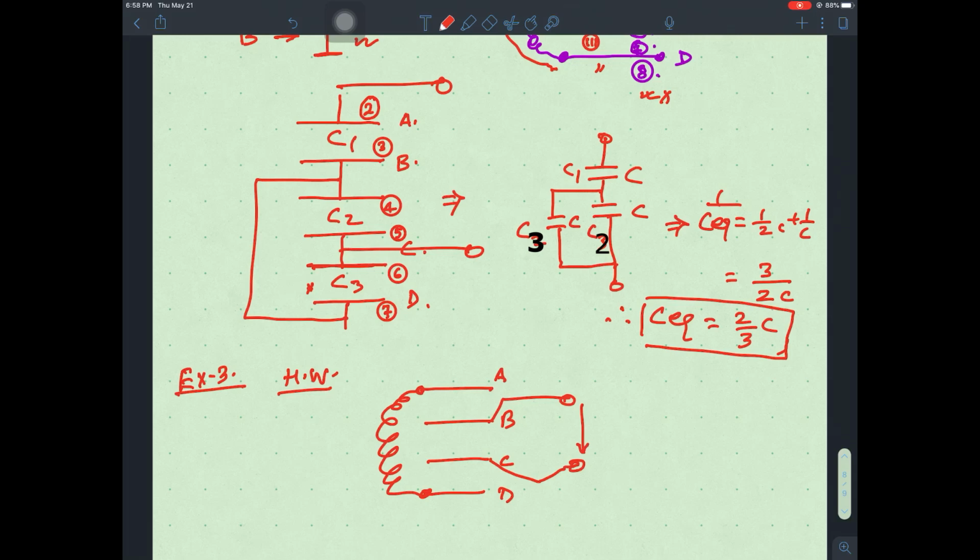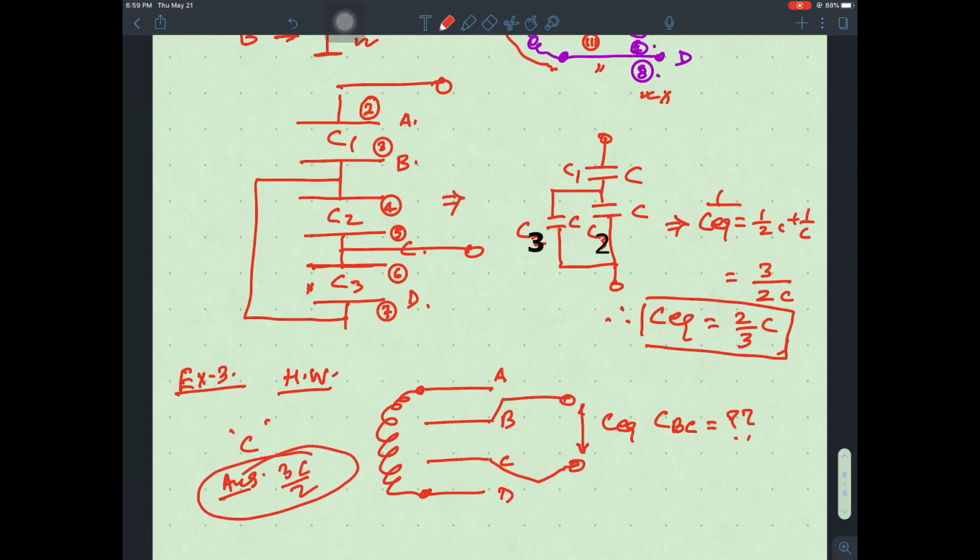You have to find C equivalent, that means C_BC. C_BC is equal to how much? Same condition, each capacitor has capacitance C, and your answer will be 3C by 2.